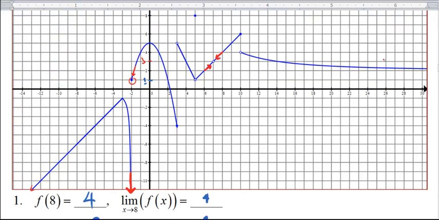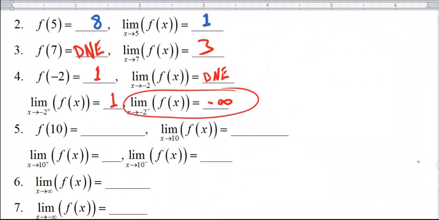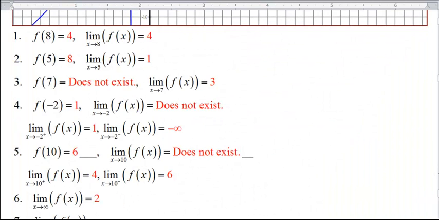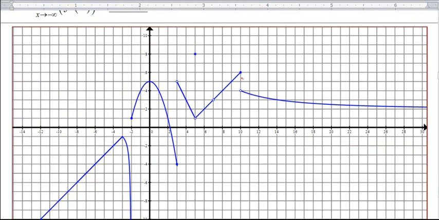Continuing on, f of 10, that's got the point right there, so that's 6. Let me go down here where I've got them already worked out. f of 10 was 6. And look at this. We have a left limit of 6.